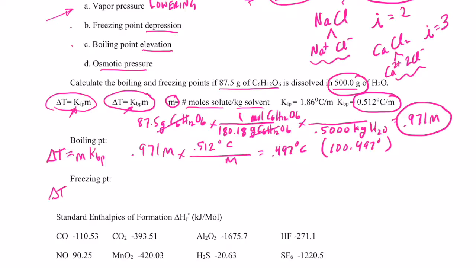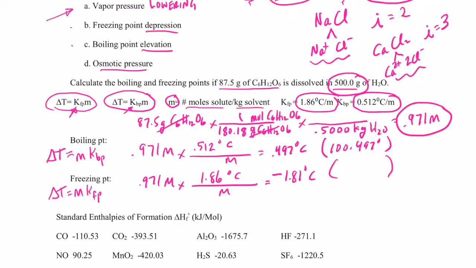Let's do the same thing for freezing point depression. The freezing point depression is equal to the molality times the KFP. So 0.971, molality hasn't changed, and the freezing point constant for water is 1.86 degrees Celsius per molal. So 0.971 times 1.86 degrees Celsius per molal gives me a freezing point depression of 1.81 degrees Celsius.